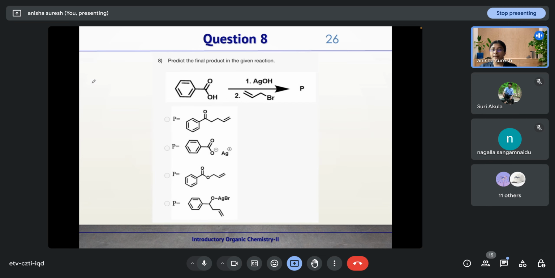Now coming to question number 8. Predict the final product in the given reaction. So we have benzoic acid and it is treated with AgOH, silver hydroxide, and this allyl bromide.